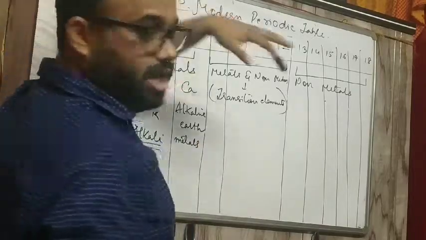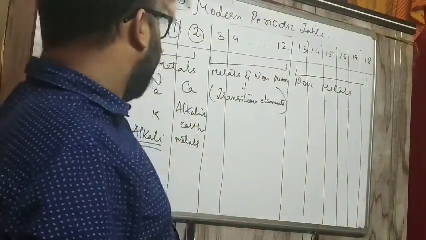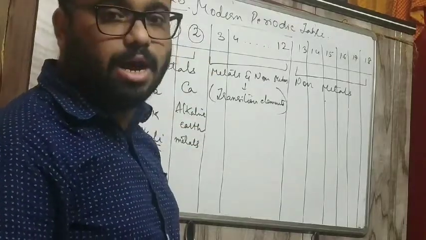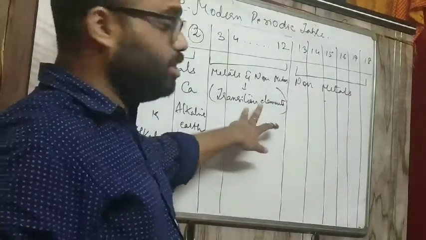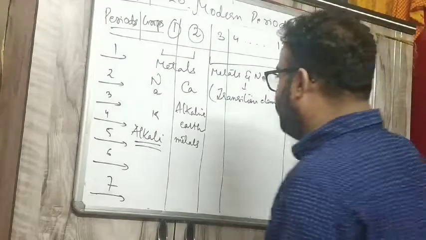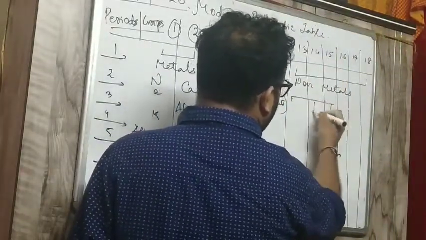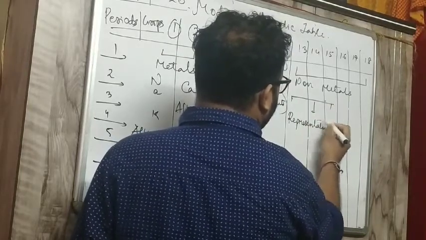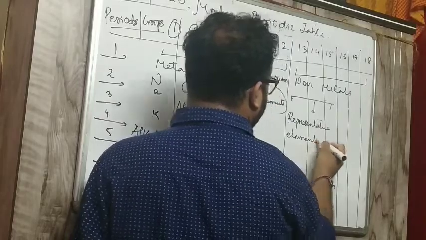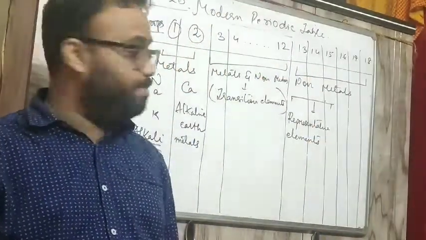You will get the notes in the Google Classroom. Group 3 to 12, I already told, are called transition elements. Group 13 to group 15 are called representative elements.